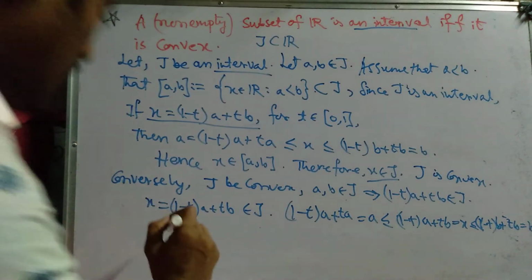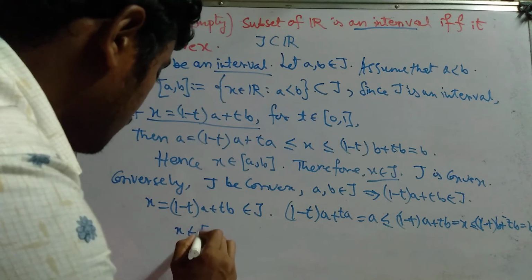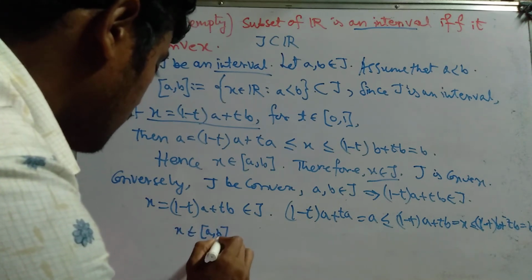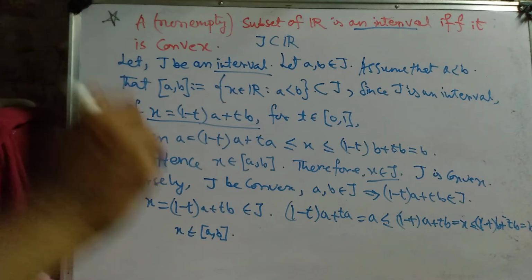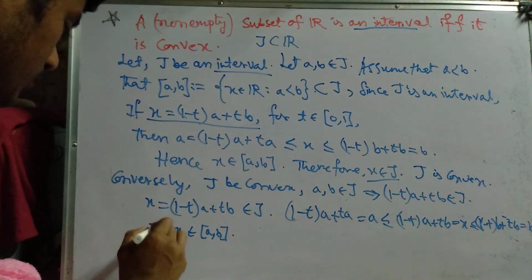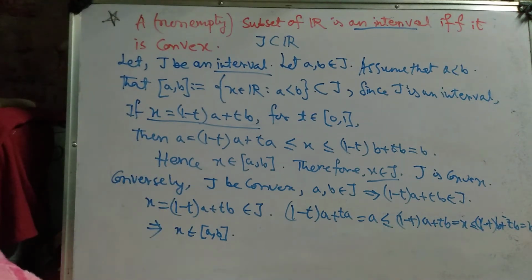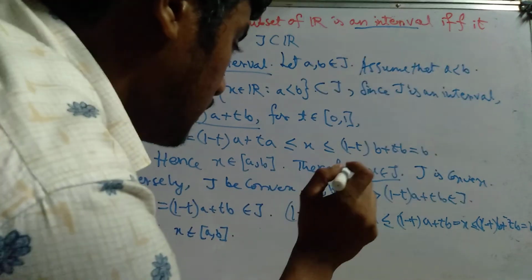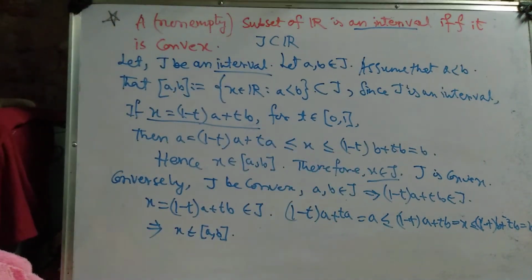Then we find that x belongs to [a, b]. If convex, then in this way x belongs to [a, b].